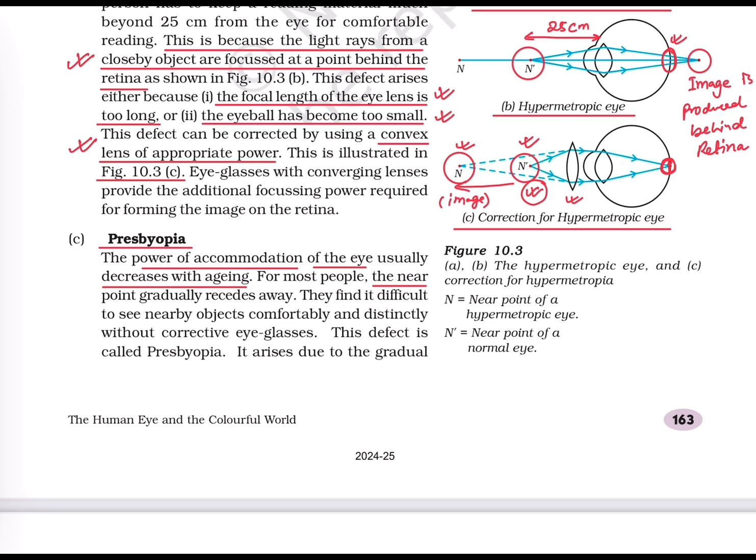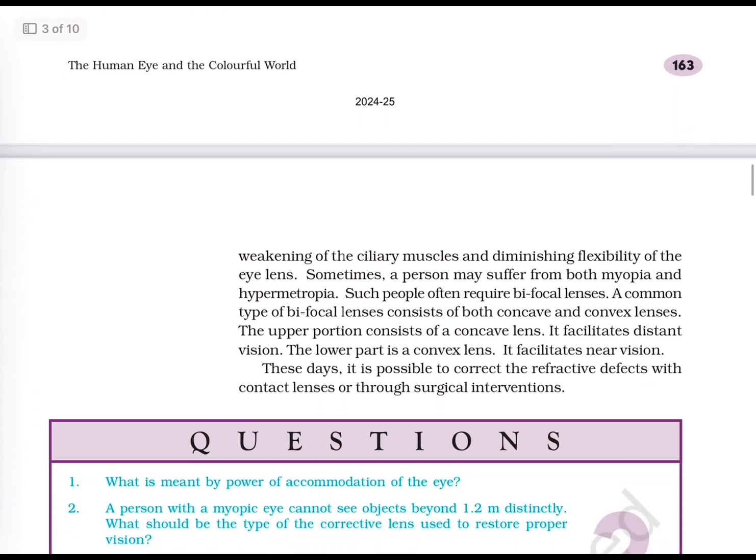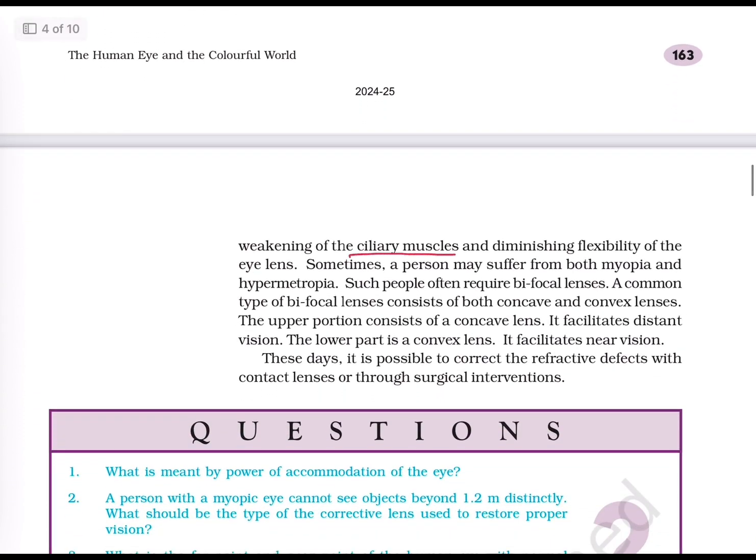It arises due to gradual weakening of ciliary muscles. When ciliary muscles are weak, then this problem arises. And this is also because of diminished flexibility of the eye lens.